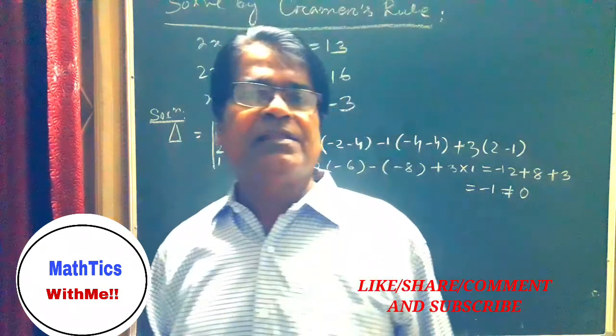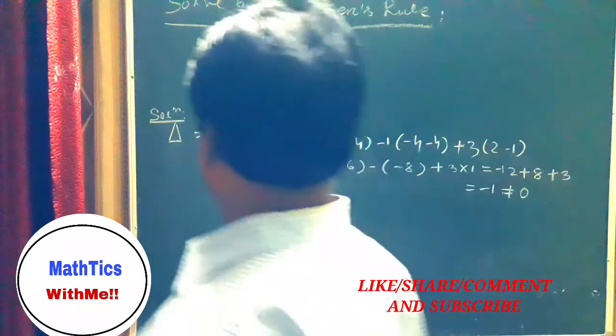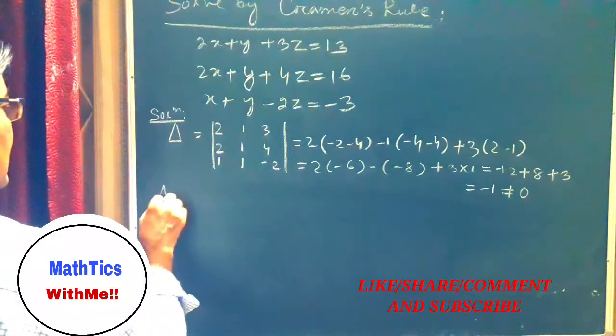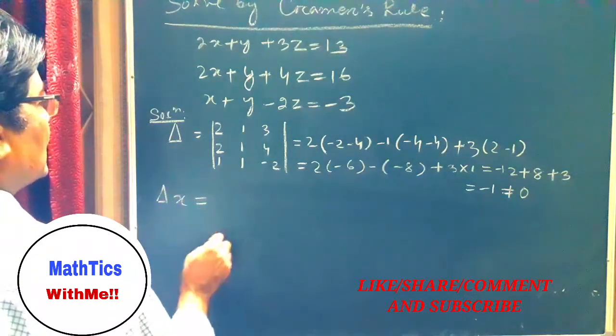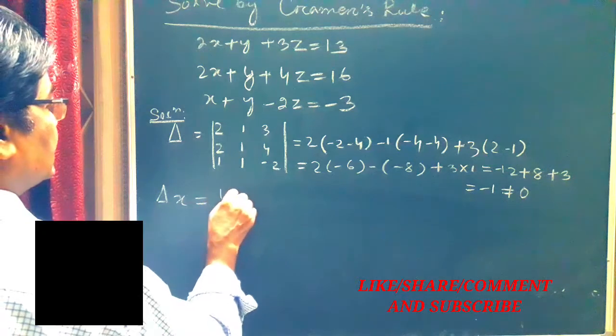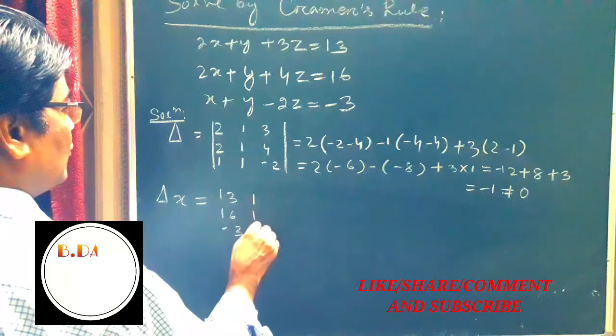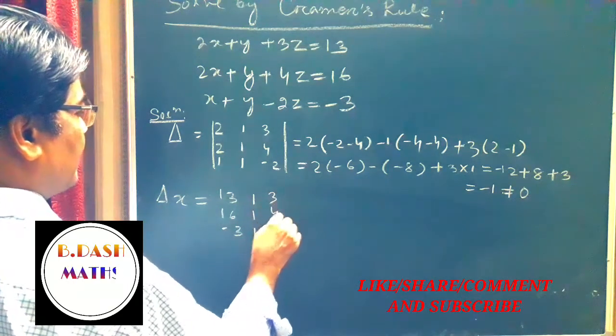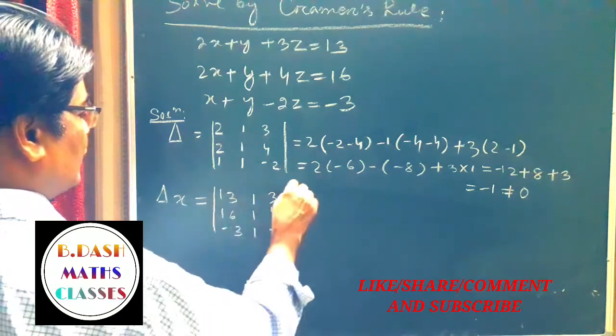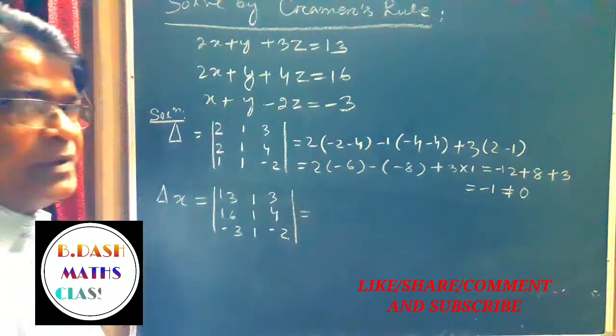So we are getting the value of delta. Then delta x is the determinant 13, 1, 3; 16, 1, 4; 3, 1, -2. So let us evaluate this determinant.